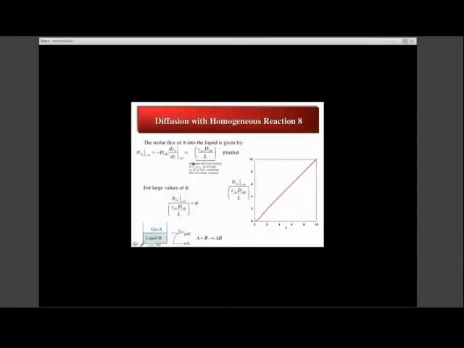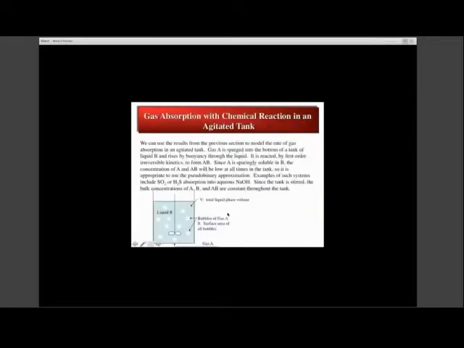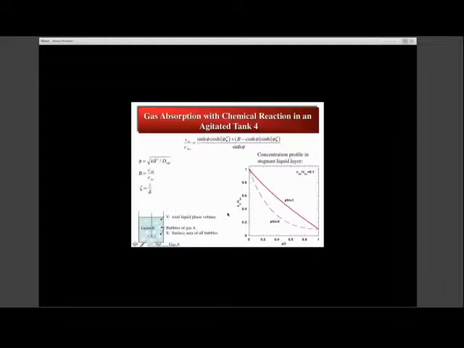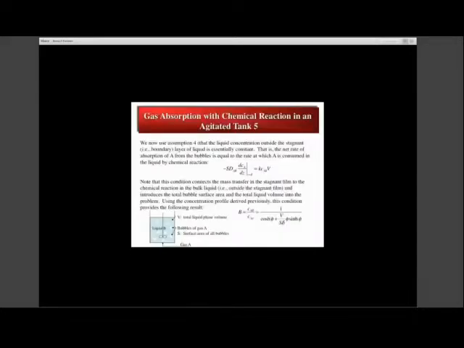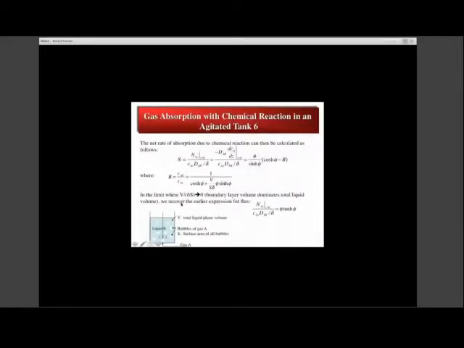That was the result that is shown here, where the flux was simply given for a case where the concentration of A is changing over the entire depth of the liquid. And so you recover that expression in one limiting case here, when the volume of the liquid to the total boundary layer volume approaches zero.